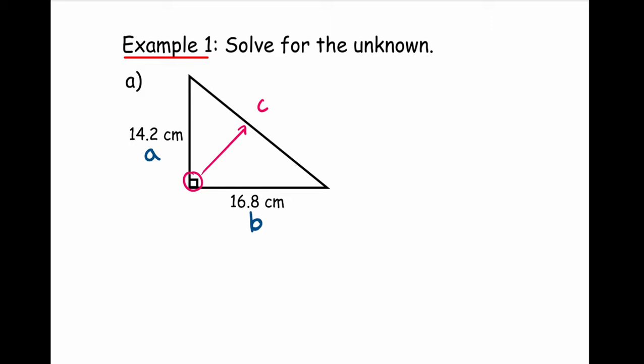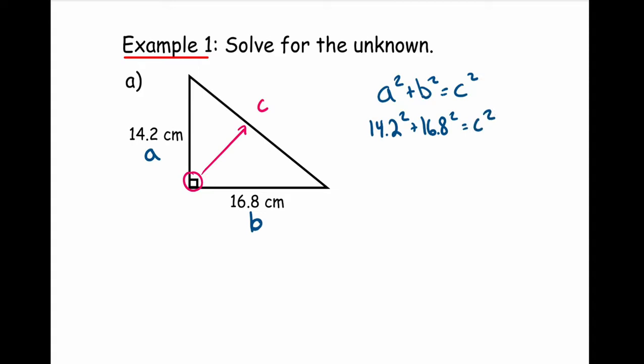Now that I know my three sides, I'm going to use that A squared plus B squared equals C squared, Pythagorean theorem, and solve for C. So I'm going to plug in the values for A and B. It doesn't replace the squared, it only replaces the variable, so it only replaces the letter.